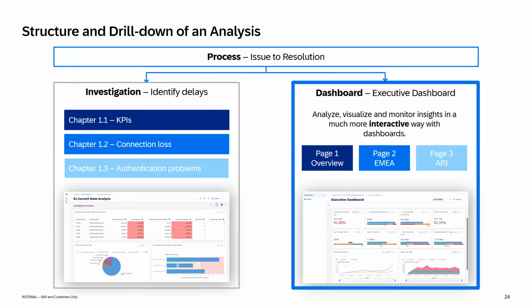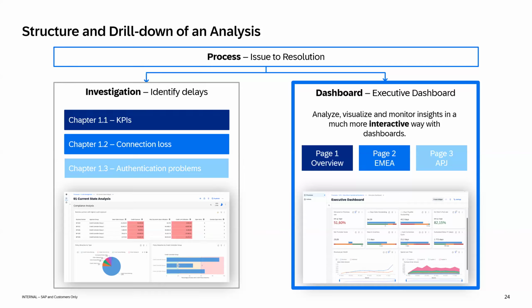Okay, so we have the structure. We have really two different ways of approaching the widgets and creation of the widgets. We have an investigation, and the investigation allows you to have a chapter format. And the dashboard is really more of just that. It's a dashboard, and it has tabs at the bottom. It's a bit more interactive. You can resize widgets, move them around.